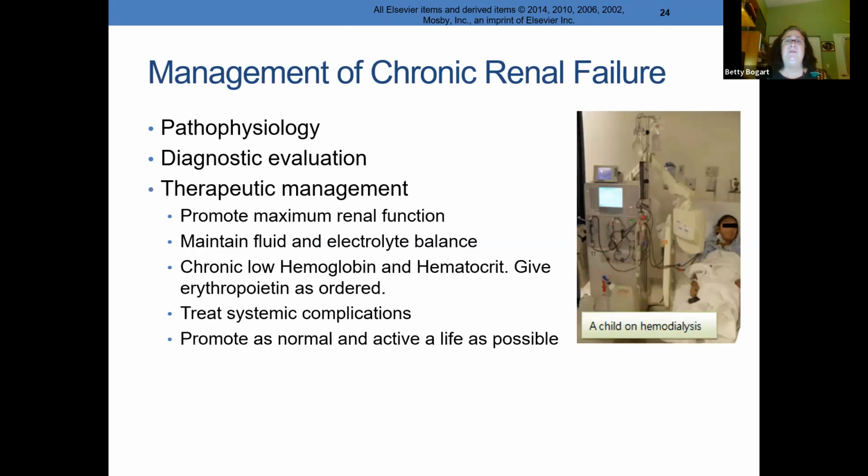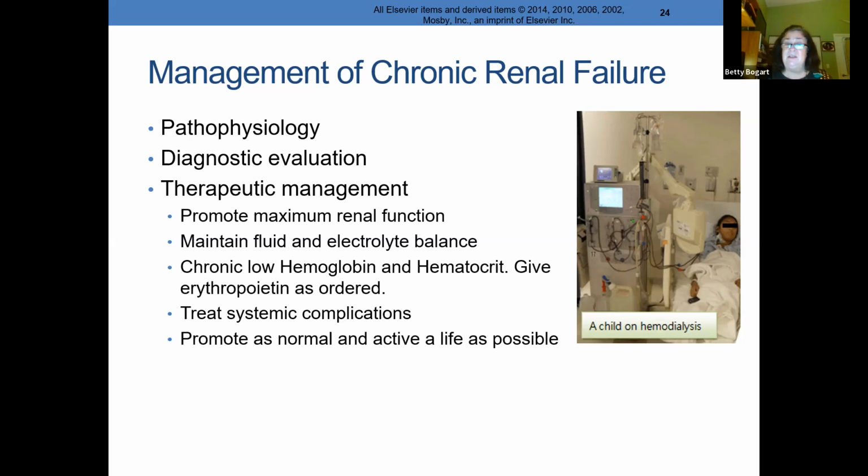So management of chronic renal failure, well, we need to try to let that kidney work as best as we can. We know that fluid and electrolytes are very important with children with renal failure. Most children, even adults that have chronic renal failure, usually have low hemoglobin and hematocrit.